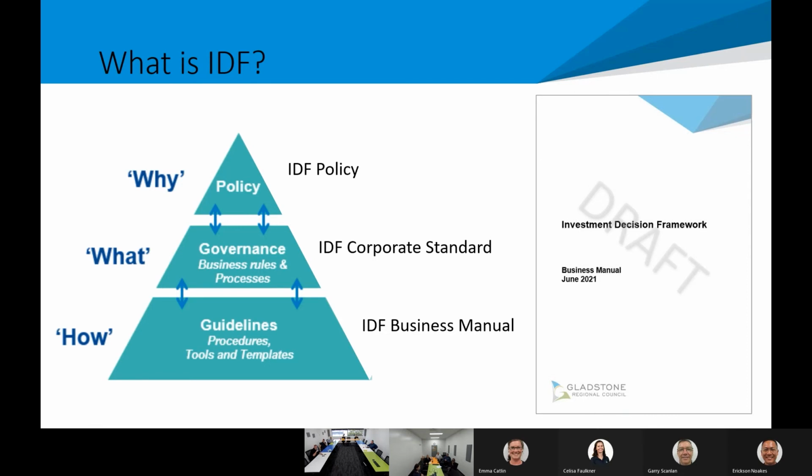And then we have the guidelines, which we're capturing in the IDF business manual that we're in the final stages of drafting and getting sorted. It captures all the things around procedures, templates, tools, and we're using the IDF connected space as the home for all of this to be that one-stop shop. So the whole package is the framework. If you hear someone talking about that single process map as the framework, then it's just part of it.